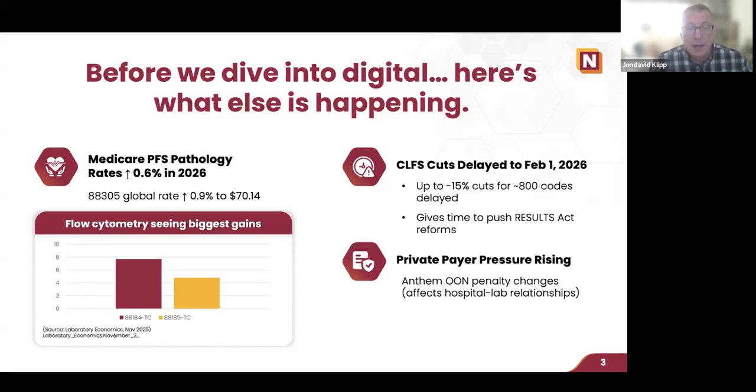So the hospital would be penalized 10% if they use an out-of-network laboratory. That becomes effective January 2026, and I'll just give you that brief heads up.